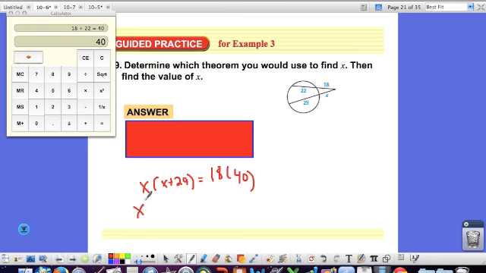So x times x is x squared. x times 29 is 29x. 18 times 40. I already did 40 in the calculator, so times 18 equals 720. Clean that up a little bit.